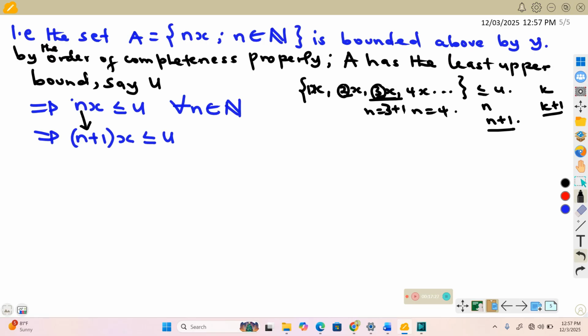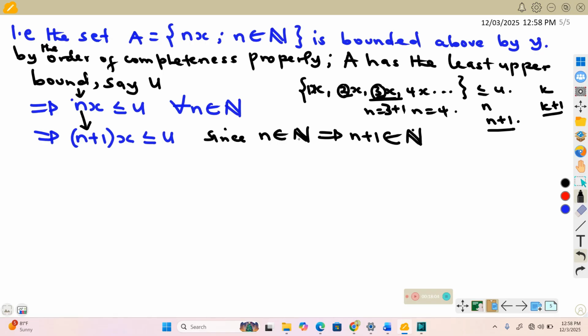So meaning that if I reach a point where I am having n, then the next number, which is n plus 1, must also hold. And that's why we are having that n plus 1 times x must also be less than or equal to u. We are saying this because n is from the set of natural numbers, then n plus 1 is also from the same set.